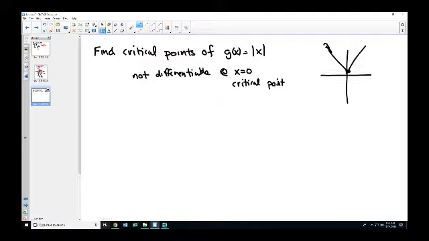So, side note, that's a good question. The derivative of absolute value. Okay. So you know what that critical point is, right? So we have to split this into two different functions. Okay.